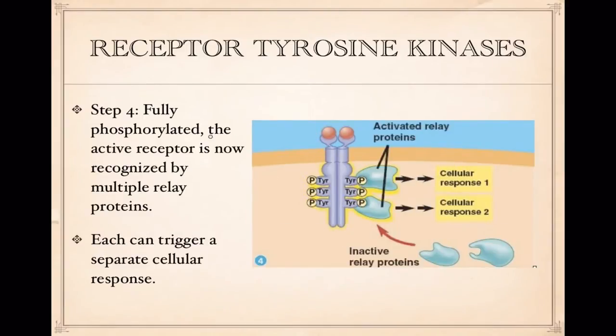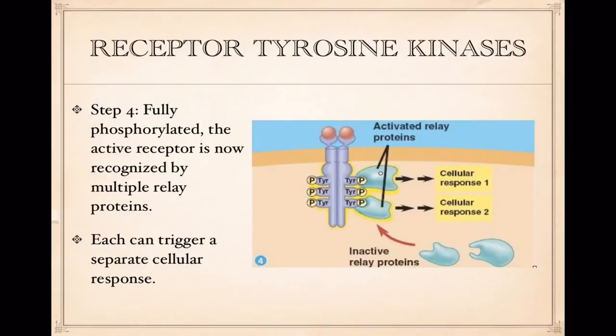Now in step 4, this fully phosphorylated and active receptor can now be recognized by multiple proteins, and these are called relay proteins, which are going to be part of transduction pathways. Because more than one of them can interact with the tyrosine kinase dimer, this one tyrosine kinase system can trigger many separate cellular responses.